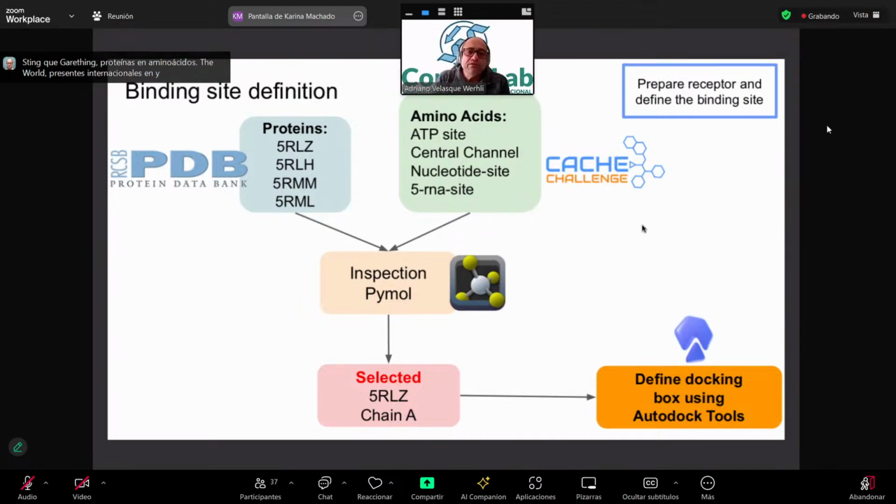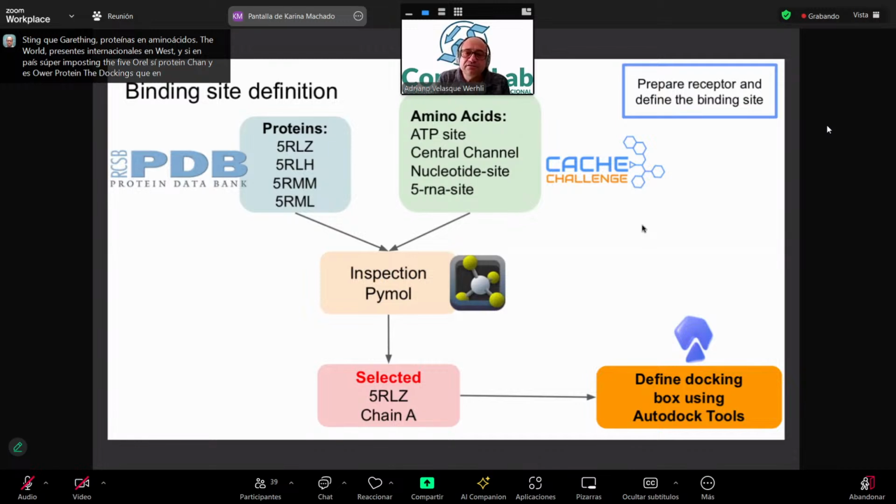And we superimposed all these structures in PyMOL and highlighted the amino acids that are found in the ATP site, central channel, nucleotide site, and 5' RNA sites. And by superimposing them and inspecting them with many different views and configurations, we decided to select the 5RLZ protein chain A as our protein to perform the dockings.